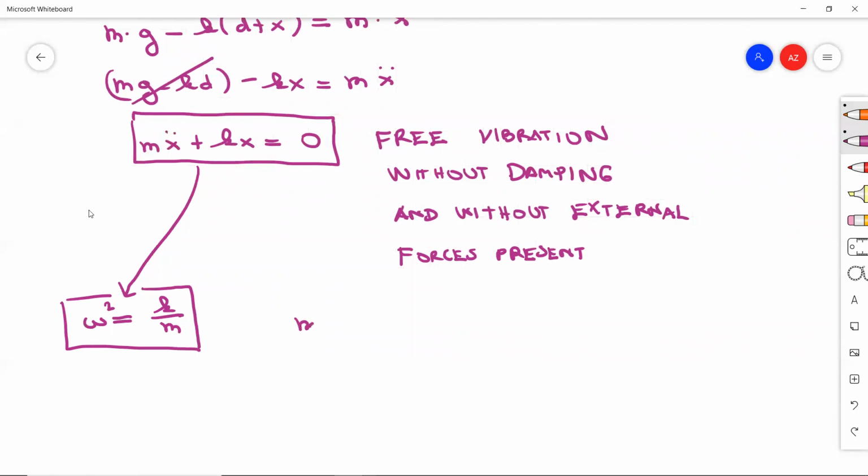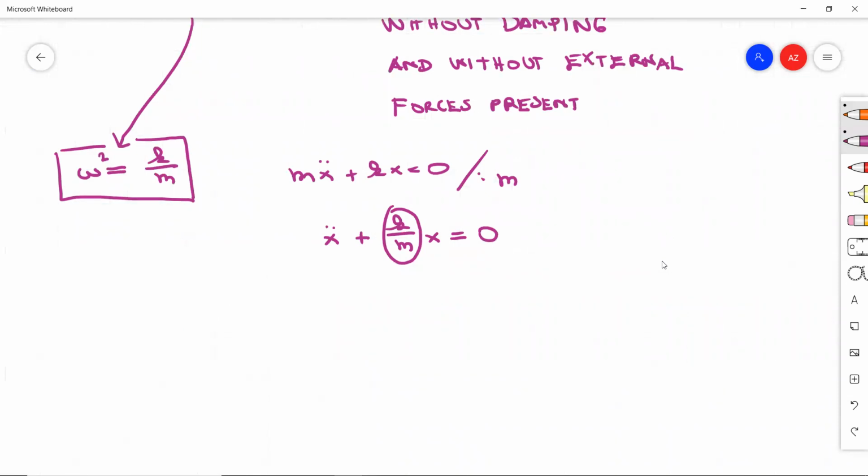So m x double prime plus kx is 0. We divide it by m, so that we get x double prime plus k over m times x is equal to 0. And this k over m is positive. That's why this constant is positive.